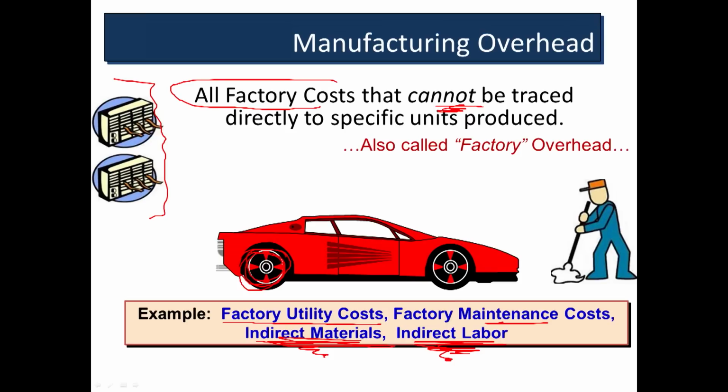Technically, it does become part of the car, doesn't it? But can it be conveniently traced to it, like the tires can? No. So it would be an indirect material. It'd be a product cost, but it'd be part of MOH. Indirect labor would be the factory supervisor, such as Ling Fei in the earlier example. She's not producing the product, but she's supervising the factory. Okay? Now, let me give you a Dave Krug special here. This is not in your book.